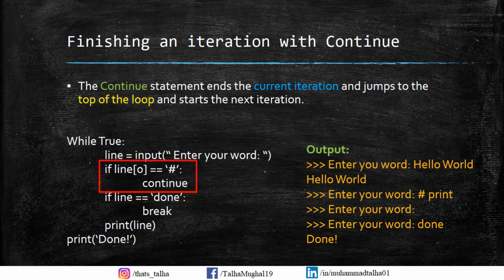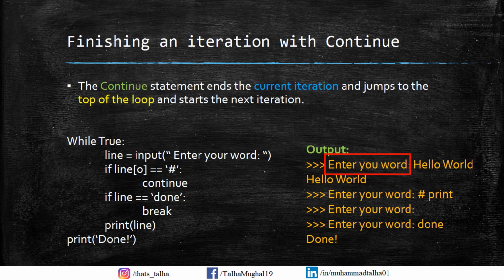In this conditional statement, I am trying to figure out the first character of the input, and I am trying to compare that character with hash. If the input starts with hash, then the program will proceed towards the continue statement. If the input contains done, then the program will proceed towards break. And if none of these conditions are satisfied, then the program will just go ahead and print out our input. Now let's just look at the output.